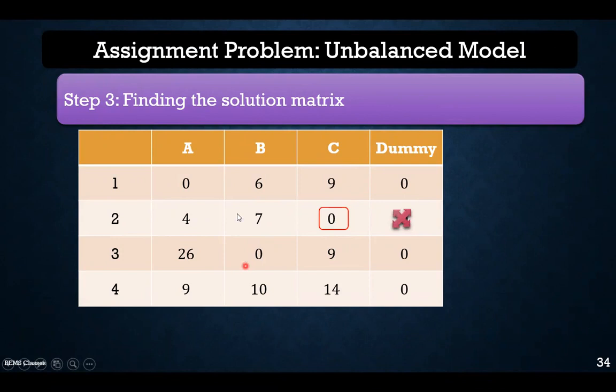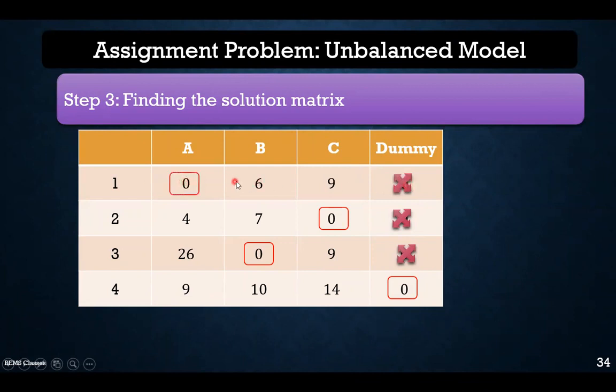Now in this column only one 0 is there, so we pick it and cross the other 0. Next we pick this 0.